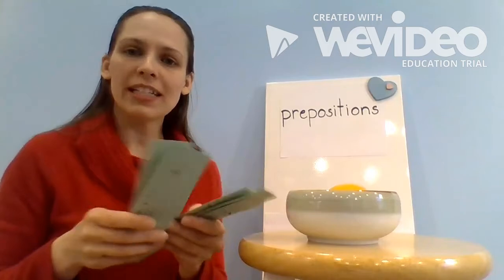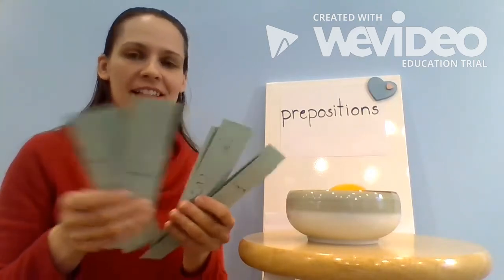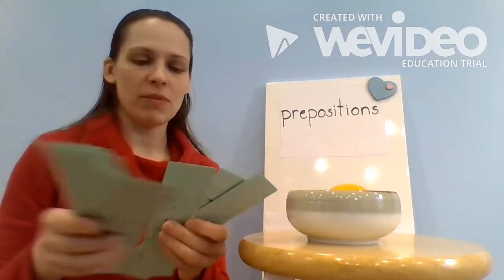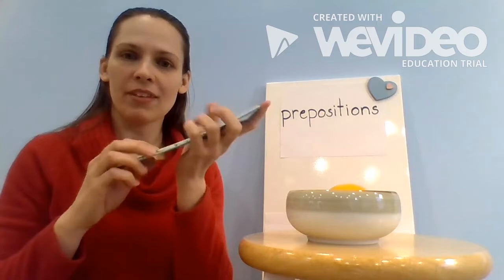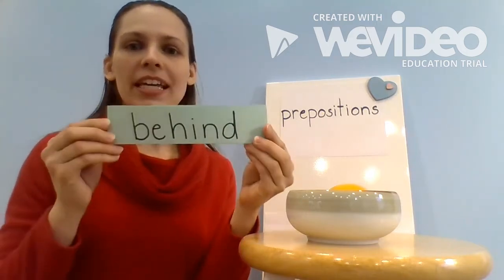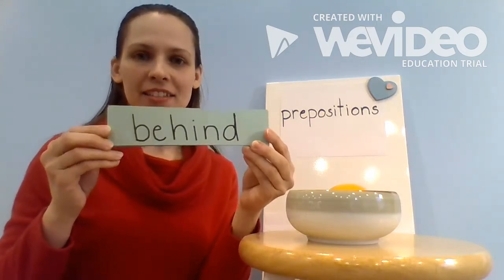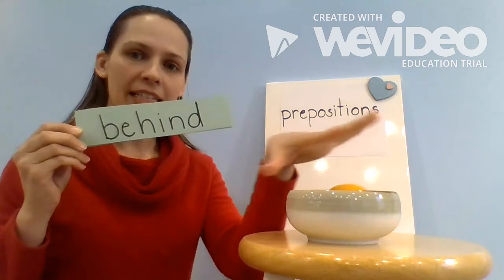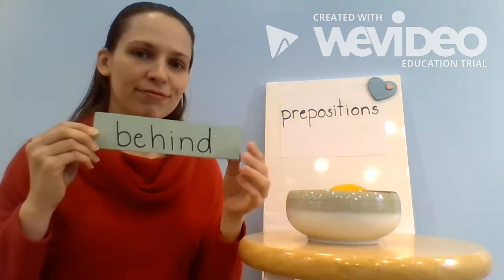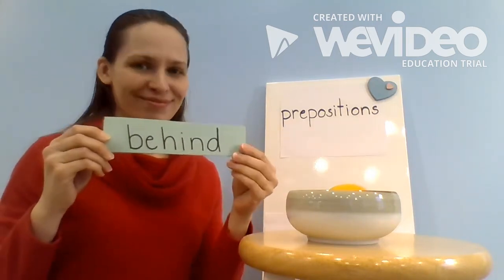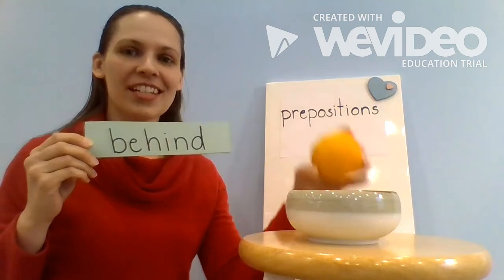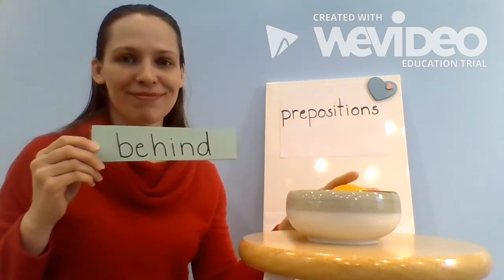I'm going to mix them up. Okay, this is mix. All right, let's do this one. Behind. Do you see something behind? That's right, the orange is behind the bowl. Very good.